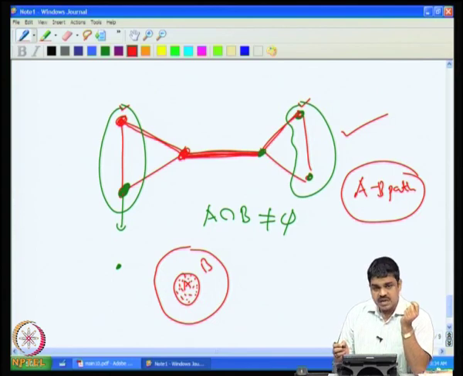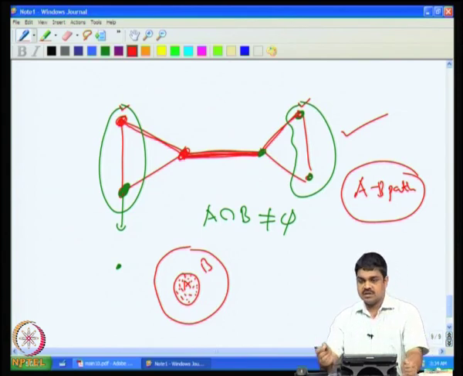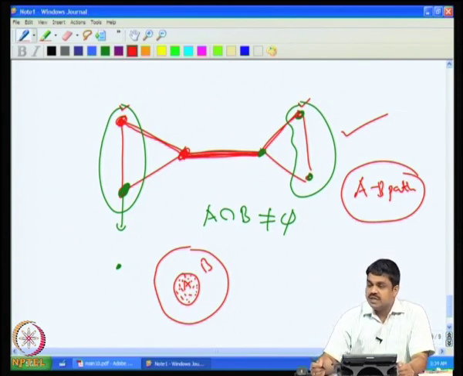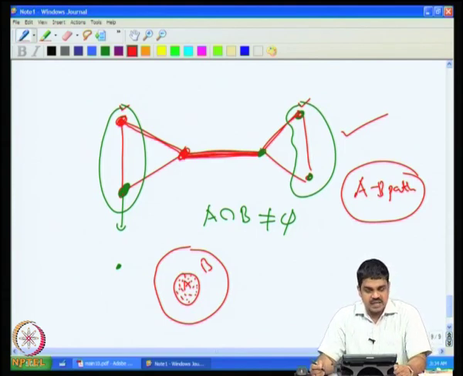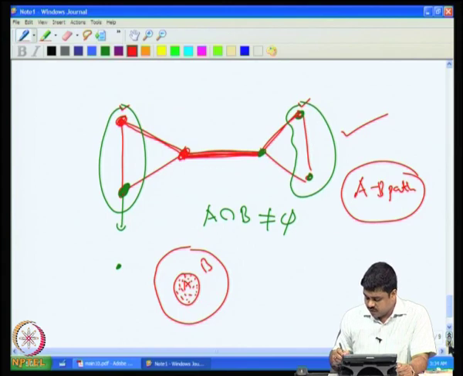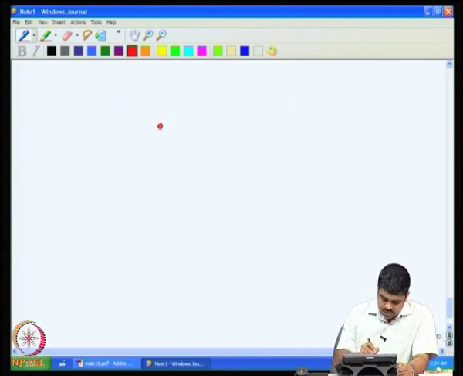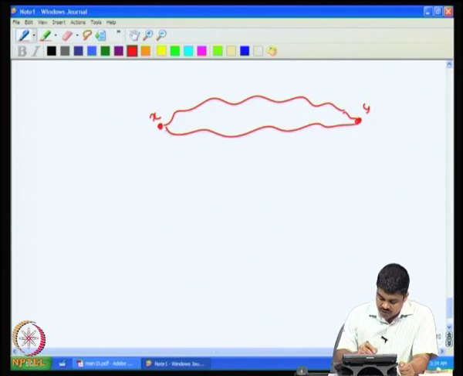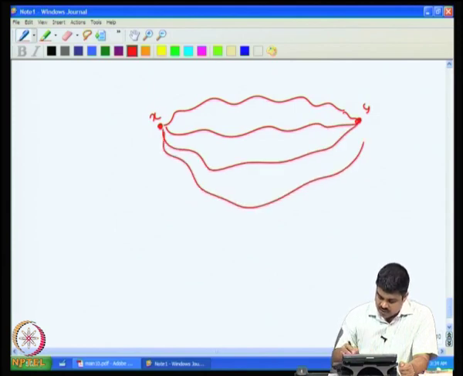Whenever we say AB paths, like in Menger's theorem, we were interested in the number of internally vertex disjoint paths between two vertices. In that case there were two vertices X and Y, and we were interested in the maximum number of internally vertex disjoint paths between X and Y in the graph.